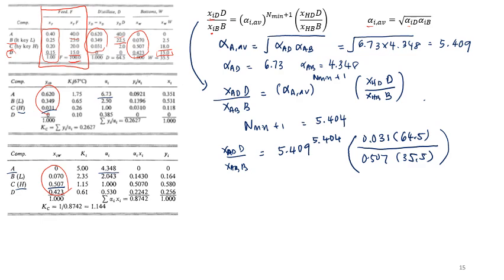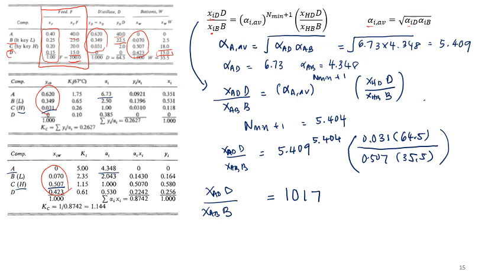Then you get a value of 1017. So you have x_AD D over x_AB B equals 1017.